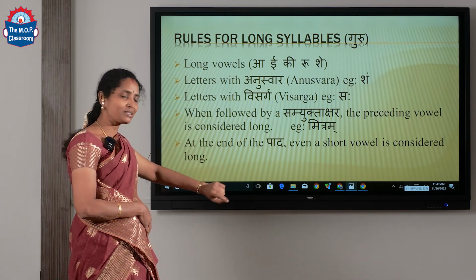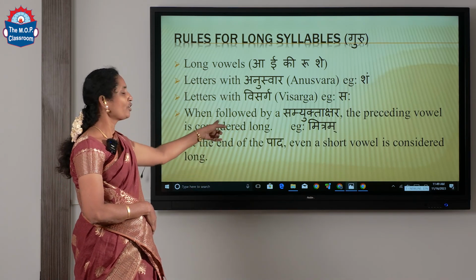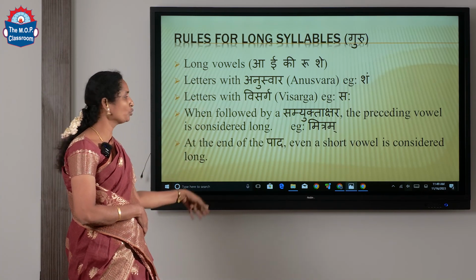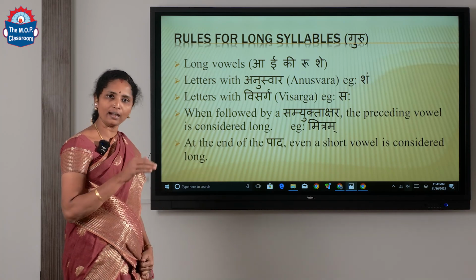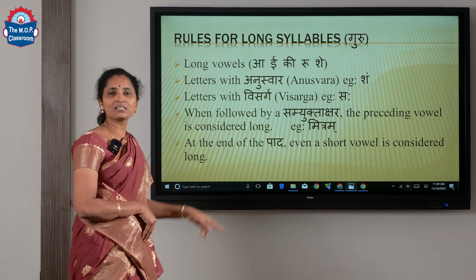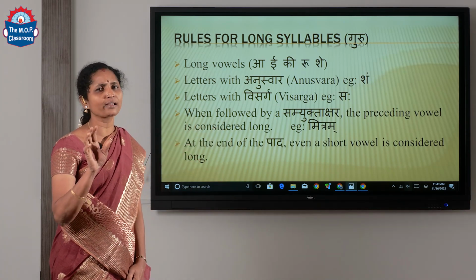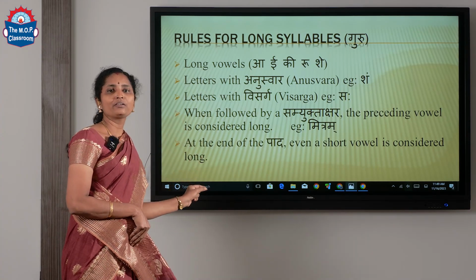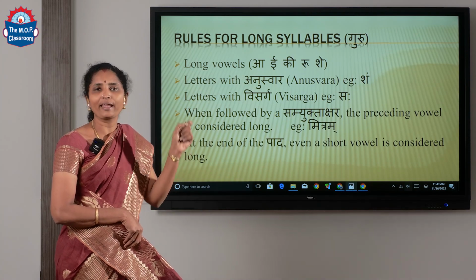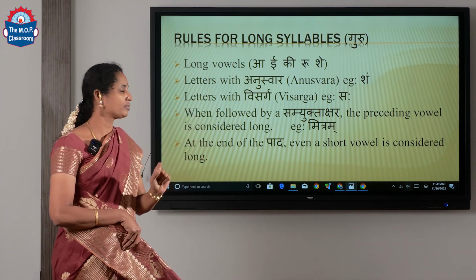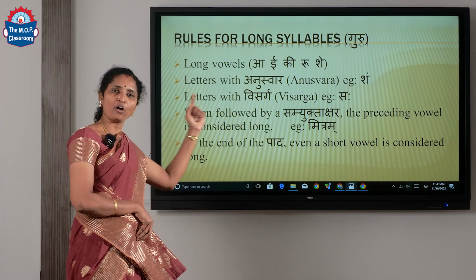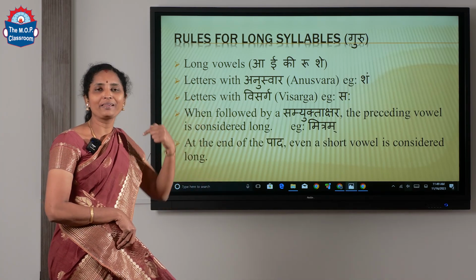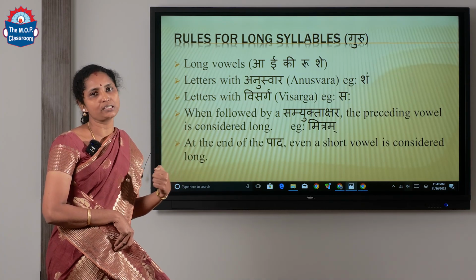Then you have to consider this mi as a long syllable, guru, and tra is only a vowel, so it will be considered a short laghu aksharam. So, you have to be very careful while calculating short and long syllables. If it is followed by a samyuktakshara, the preceding syllable will be considered long.